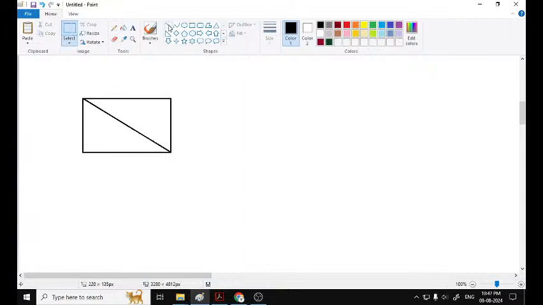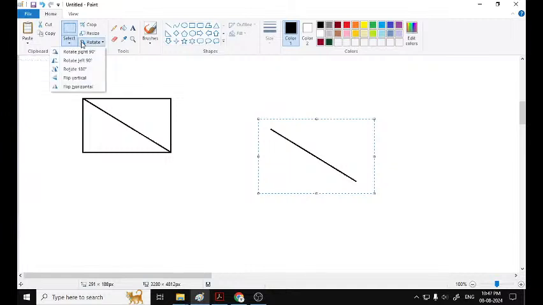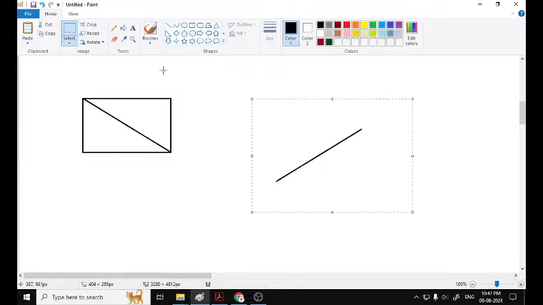Let us copy this diagonal. Now if we rotate it, this becomes a second diagonal.